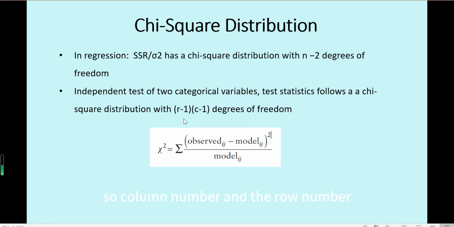The row number and column number are actually the numbers of categories of the two categorical variables in the table.